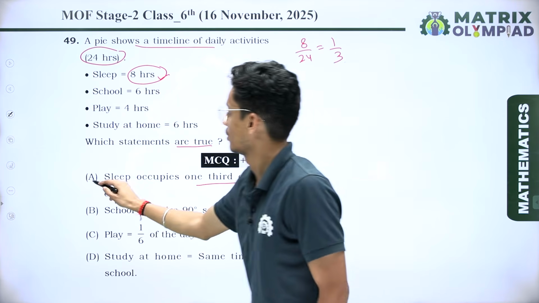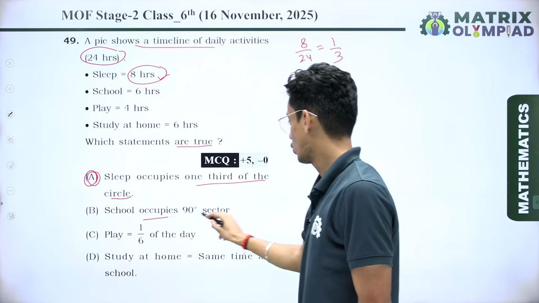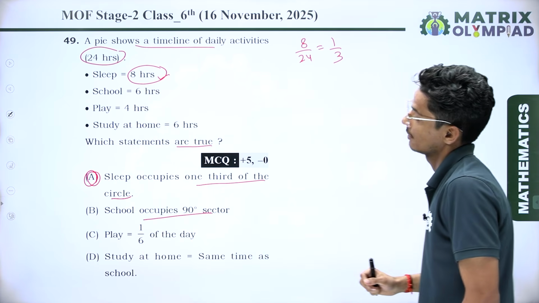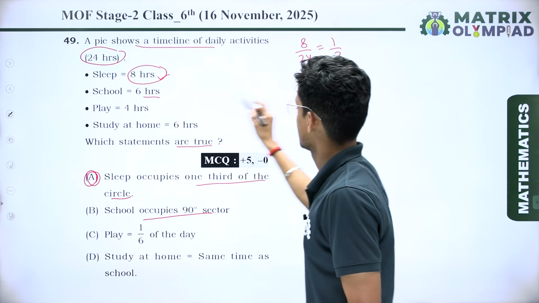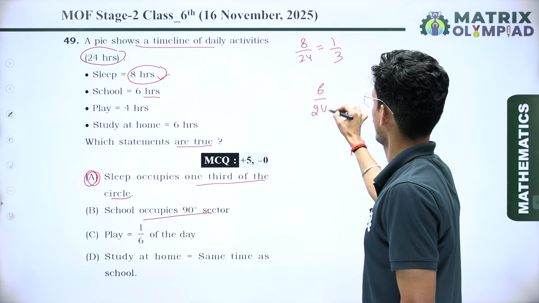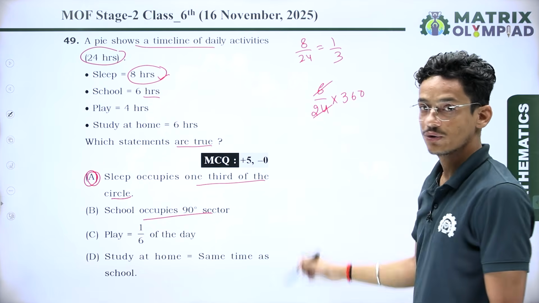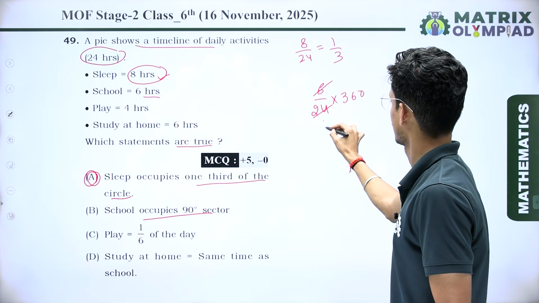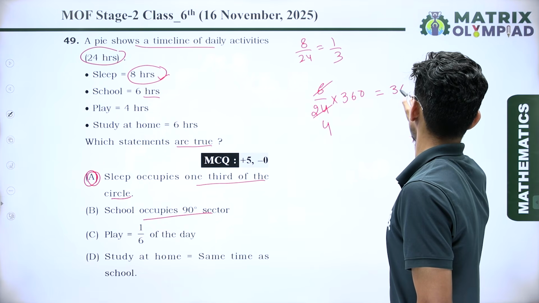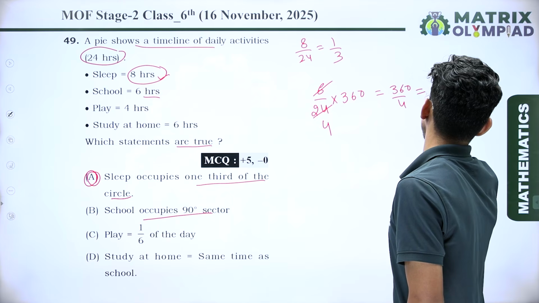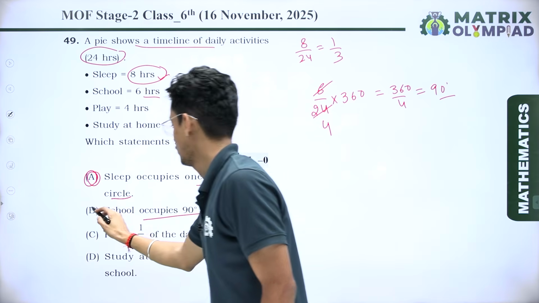Yes, this is true. School occupies a 90-degree sector: school is 6 hours, so 6/24. To find the angle, we multiply by 360. 6 × 360 is 2160, upon 24, that is 90 degrees. Yes, this is also true.